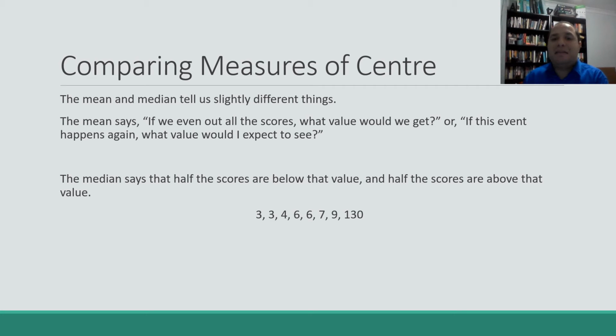Now the median says something different. The median says that half the scores are below this value and half the scores are above. So in the situation we had on our first slide, when all the scores are evened out, this supermassive score has to get spread out with all the others, making the average rise. Whereas the median is still the middle score.